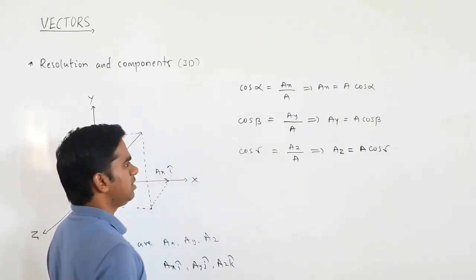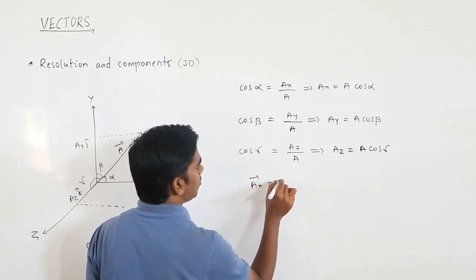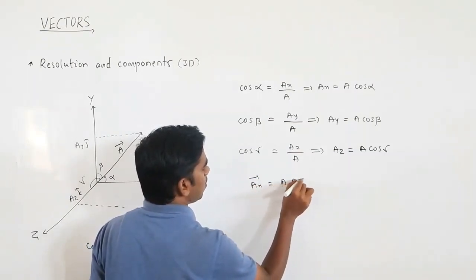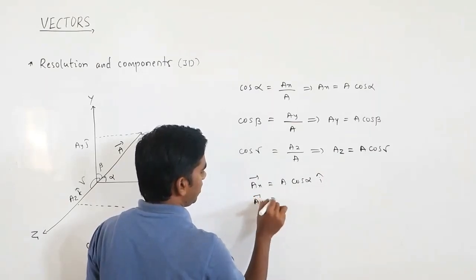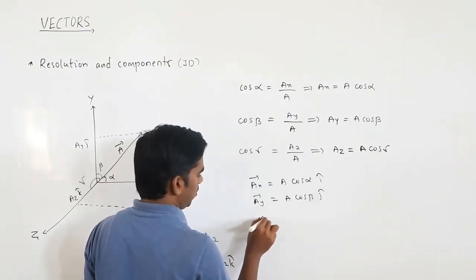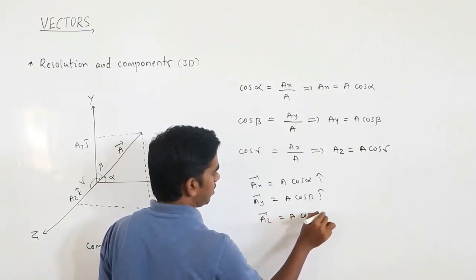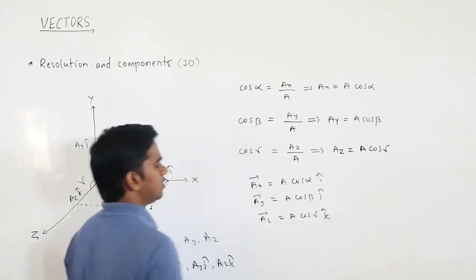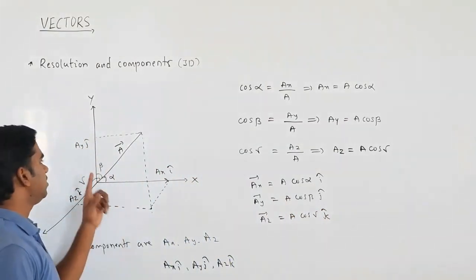If you want to write in vector form, ax vector you have to write as a cos alpha i cap. If you want ay vector, a cos beta j cap. If you want az, a cos gamma k cap. Then how can you write this vector?